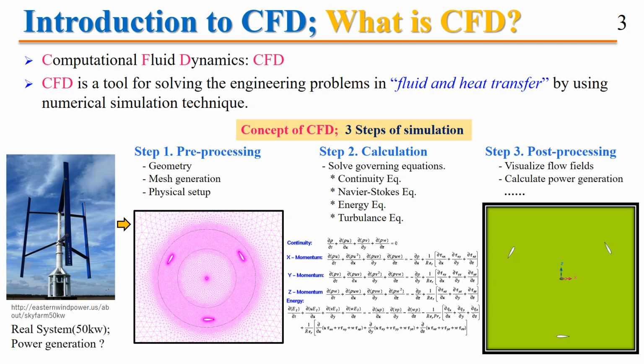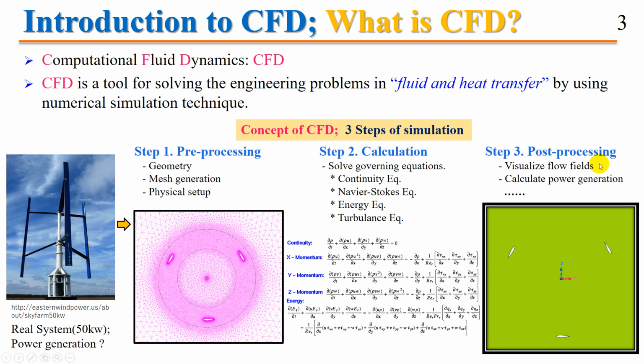Or maybe you can calculate the power generation from your calculation, and you can check your result with external data to compare the accuracy of your calculation. This is the post-processing step.